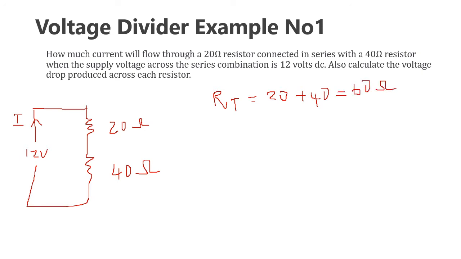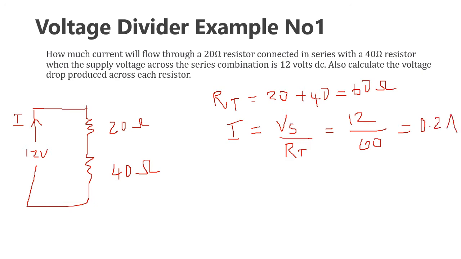Again we can take the relationship for I. I will be equal to the supply voltage Vs over the total equivalent resistance RT. Vs is 12 volts, RT is 60 ohm, so that is equal to 0.2 amperes.